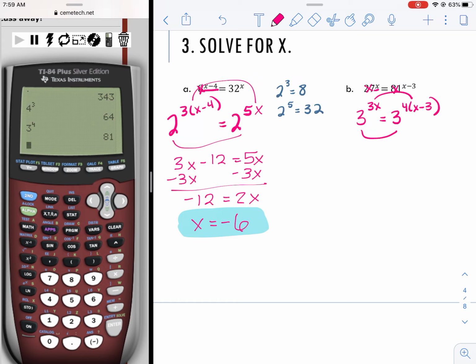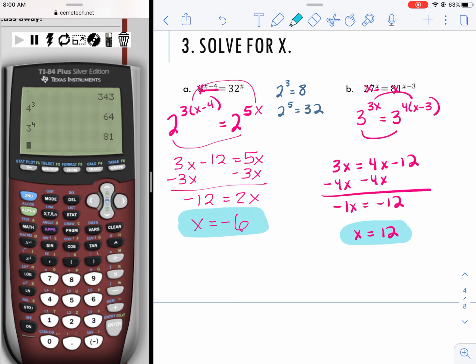Now that I have the same base, I can set my exponents equal to each other. So 3x equals 4x minus 12. If I subtract 4x from both sides, I get negative 1x equals negative 12. And if you divide both sides by negative 1, x equals 12.